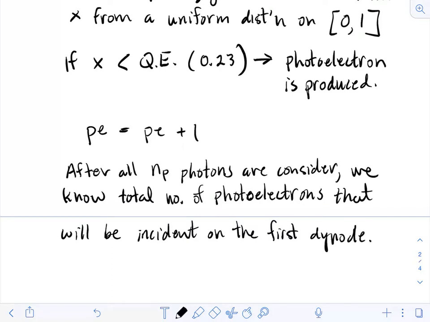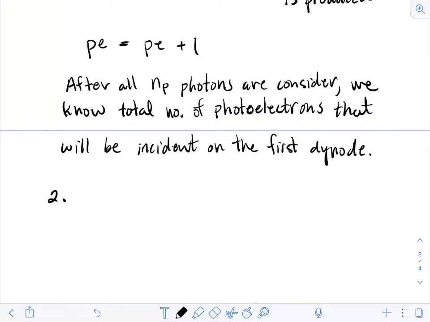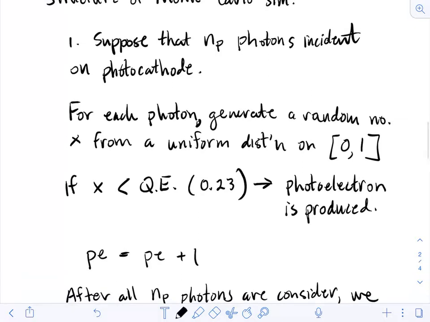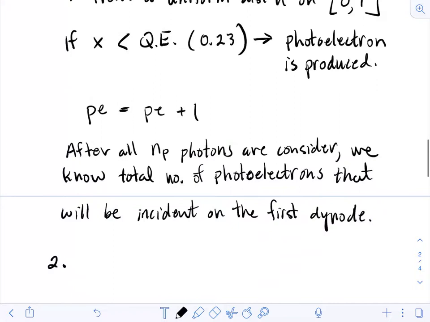Okay, so that's step 1. We already introduced some probability and randomness by having the number of photoelectrons determined by numbers drawn from a uniform distribution.